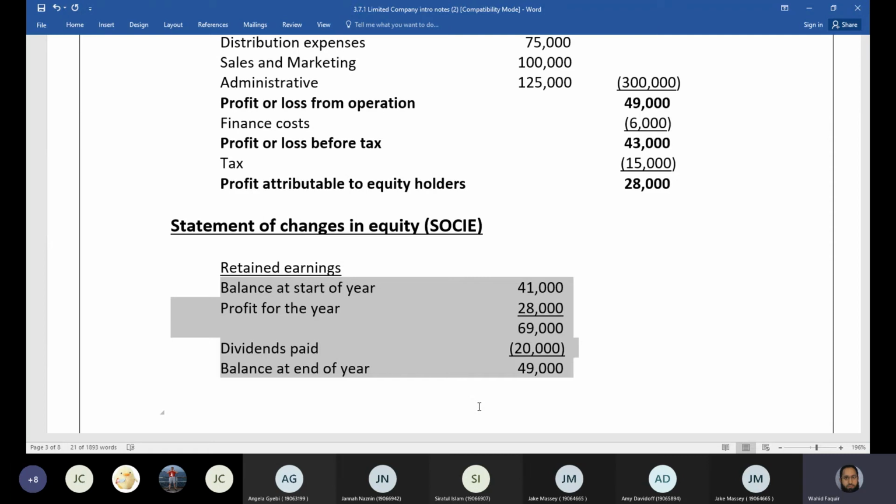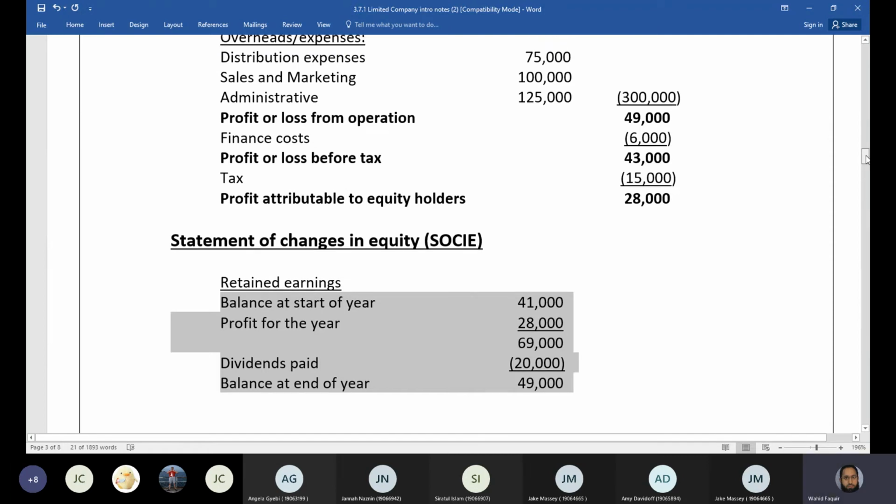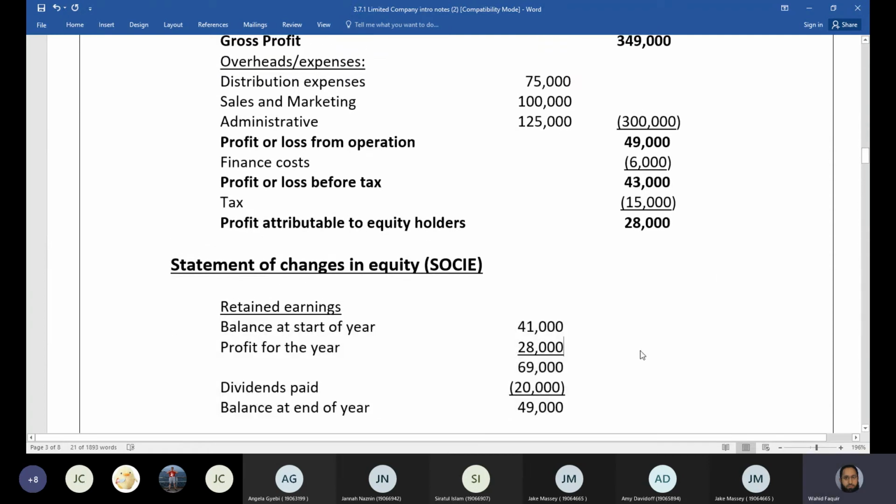Let's just see one figure. Can you identify where any of those figures have come from, linked to the income statement? This is important. There are so many figures there. Where do you get the figures from?